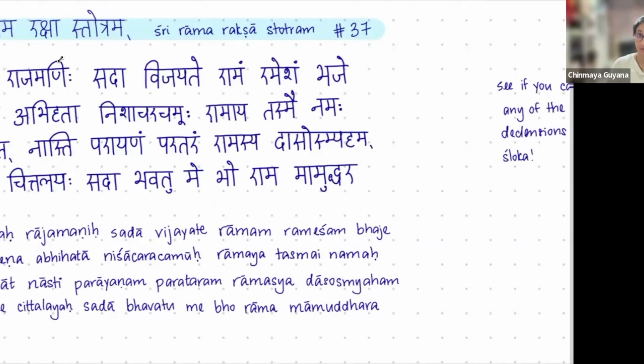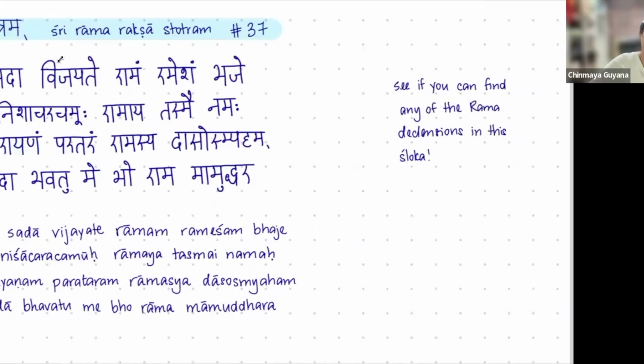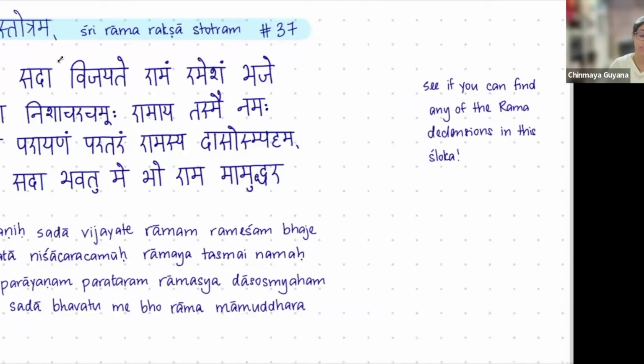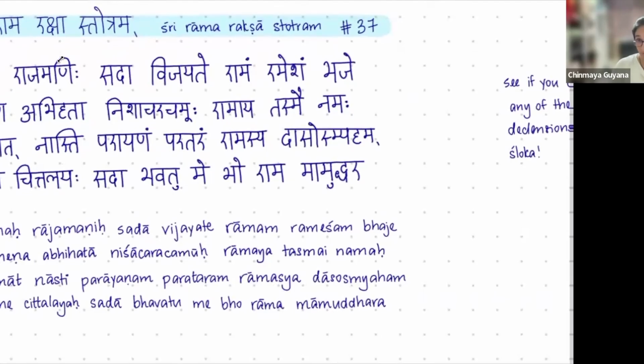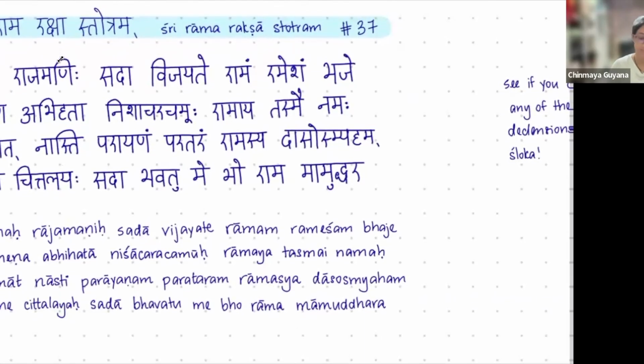I want you to go through it and I want you to see how many of the Rama declensions you can find. Okay? Do this after you've done the sentences because you'll be more familiar with the declension table. So see how many of the Rama declensions you can find in this beautiful verse. Okay? It's a real verse. It's a chantable verse. We'll chant it in next class.